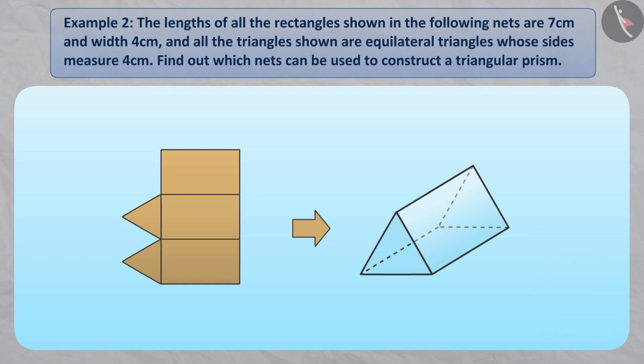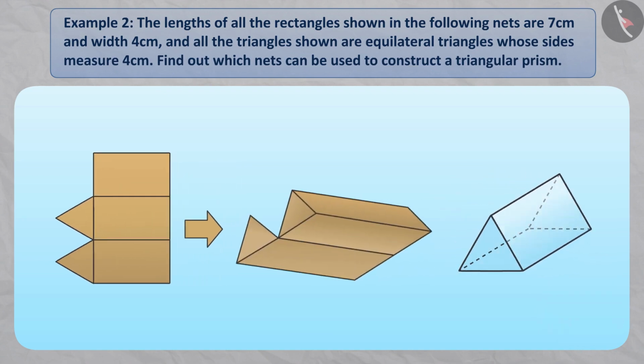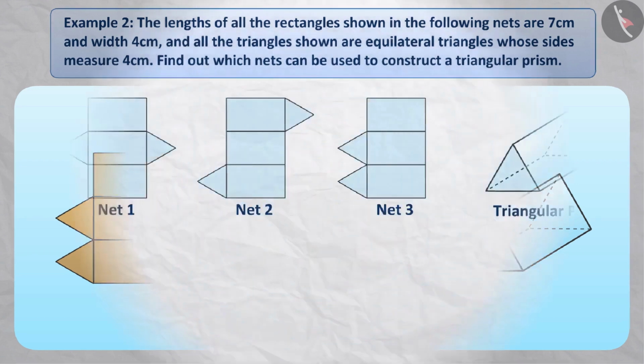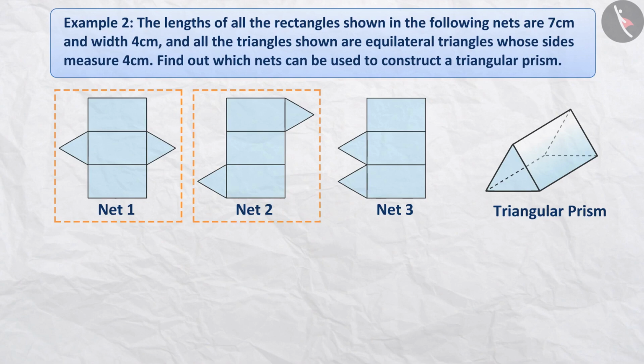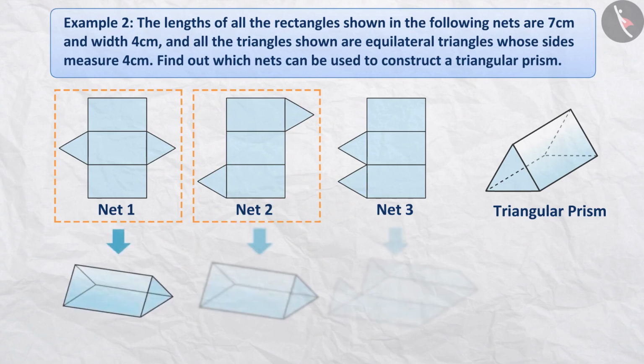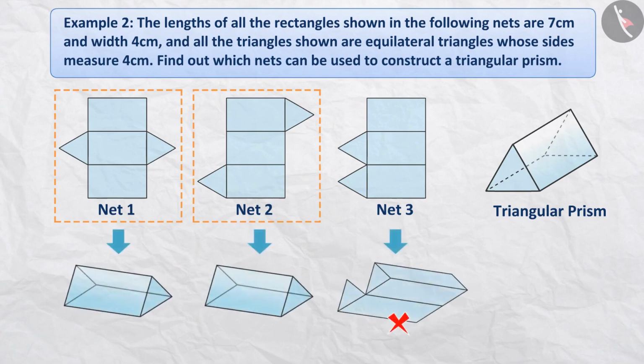You will be able to know that in this case you will not get a triangular prism. Therefore, we can say that only the nets shown in the first and second figure can be used to make a triangular prism. Can you explain why? Think.